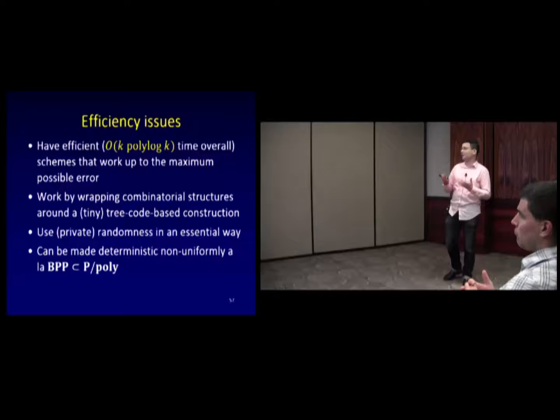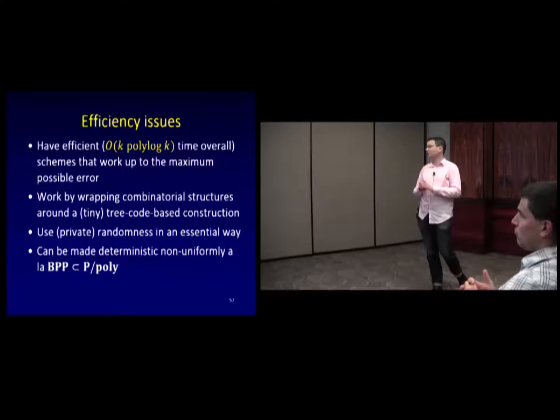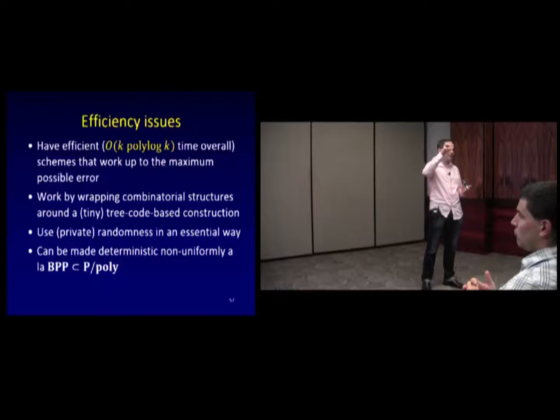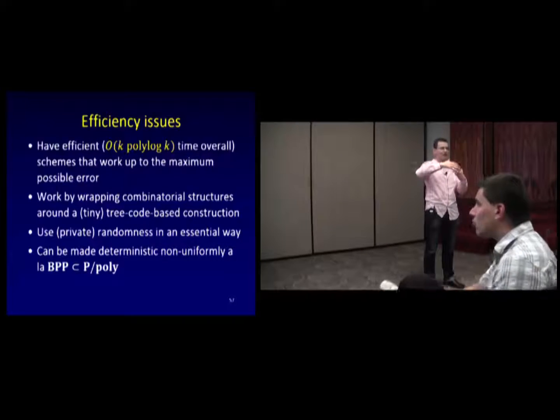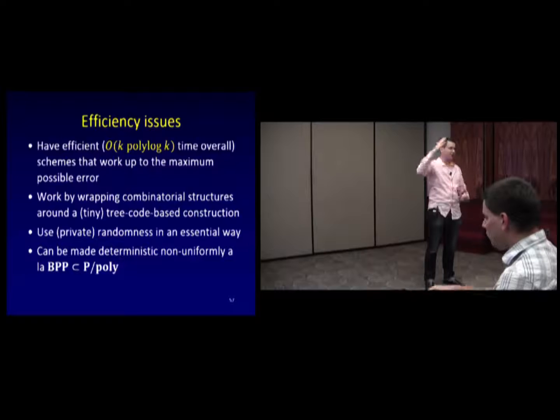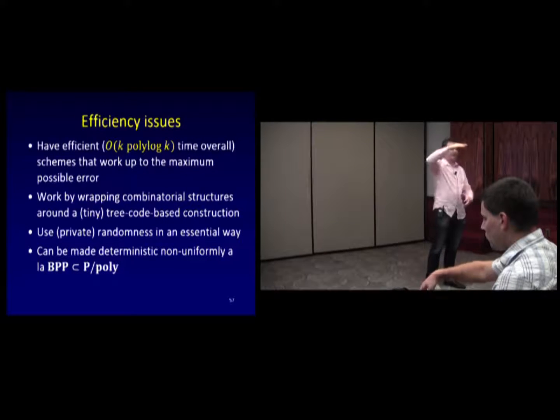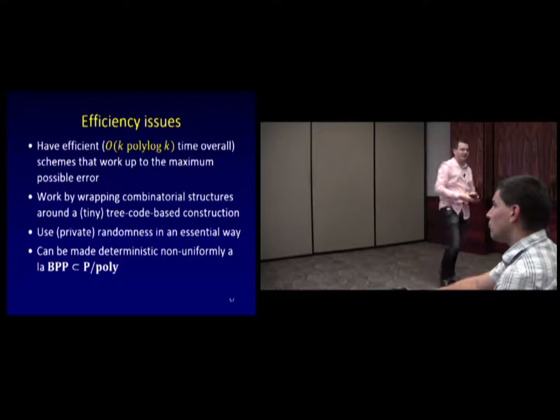They work by wrapping the combinatorial structure around a tiny tree code based construction. So you start with a tiny tree code and then you use a combinatorial construction to make it work for bigger protocol sizes without losing it.